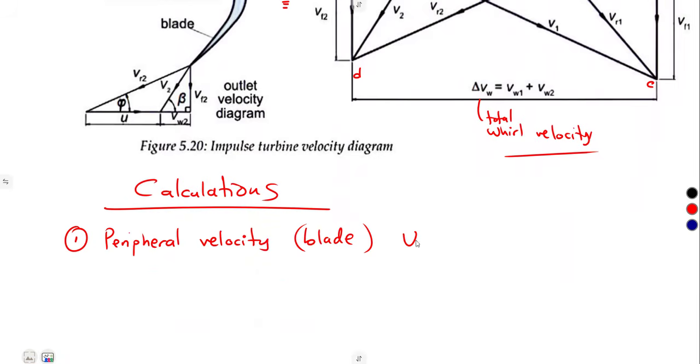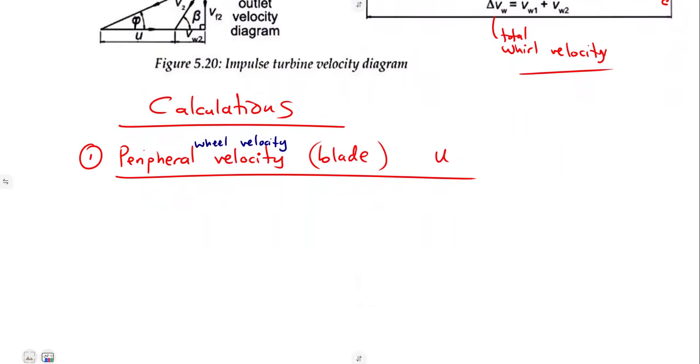So that's our U there, representing what? Our blade velocity. Or they can consider this one as the wheel velocity. Again, all right, that can be calculated from diameter.